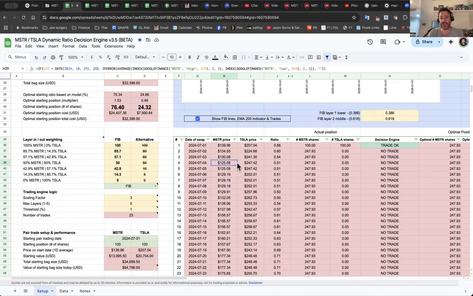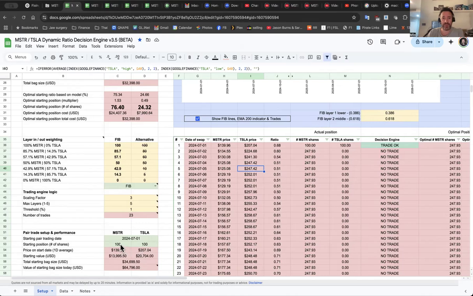Just to mention that these prices are the average of the high and the low of the day. What you could do, for your own convenience, is on each day that you do a trade, enter the amounts here manually from the trading platform, so that you get a more accurate ratio and a more accurate price that you did the trade at. So I hope that makes sense.